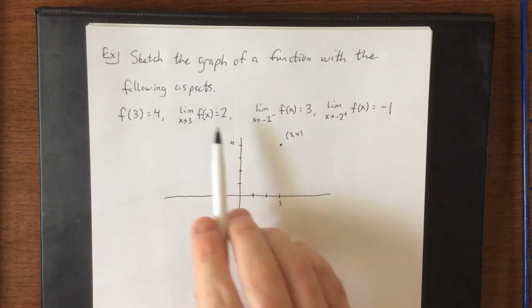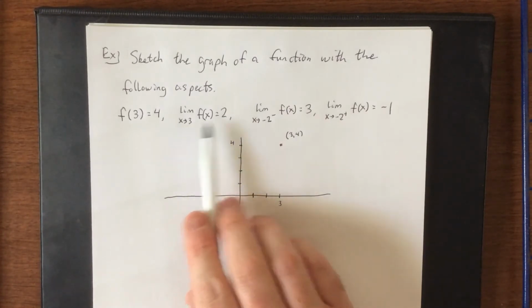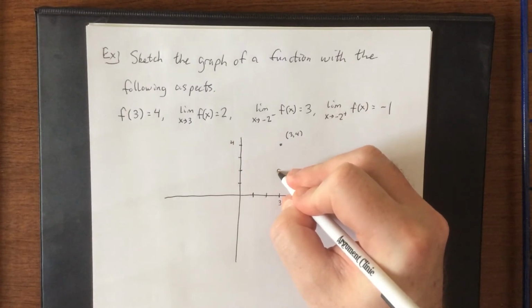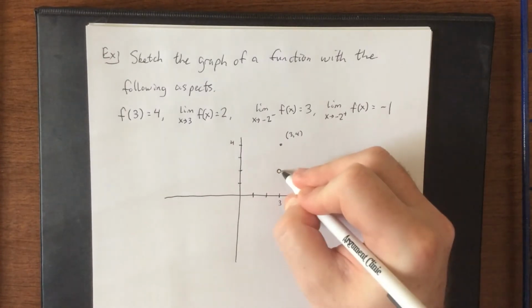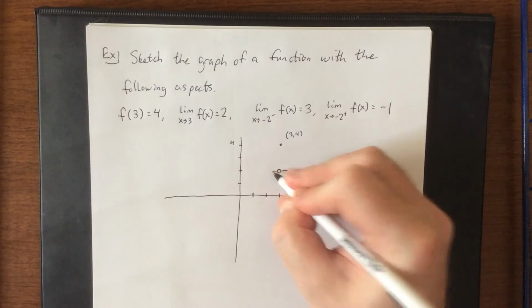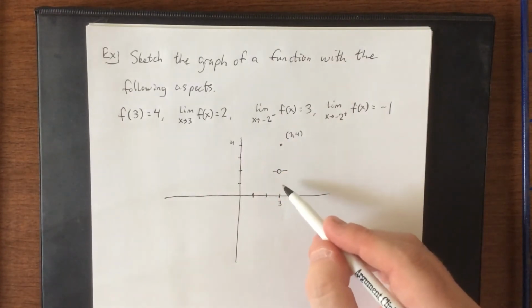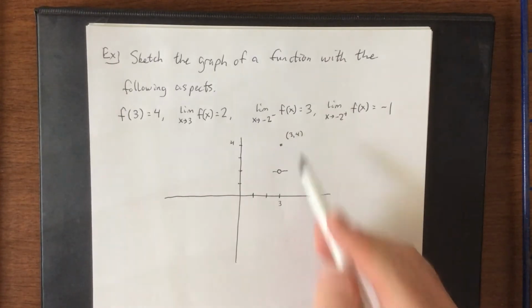However, for the limit to be equal to 2, that is the two-sided limit to be equal to 2, that means that there would be an open circle at 3, 2, and the function would come out on both sides. So the function approaches this open circle, but we actually get a closed circle up at 3, 4.